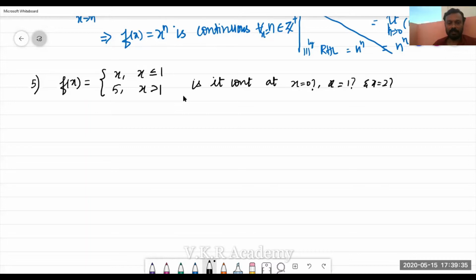So we are given a function and we are asked to check the continuity of the function at these 3 points: 0, 1 and 2. Before solving the problem, let's draw the graph of the function.